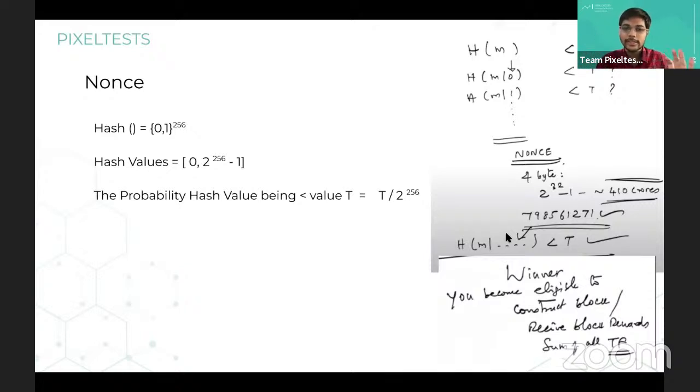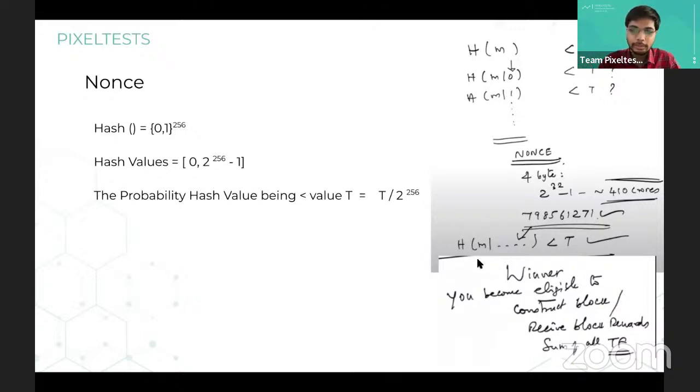We'll try to understand this a little more with an example. I'm just reiterating: the nonce labels all the attempts, and whenever he does the hash, it is the whole hash value, not the nonce value, that needs to be less than t.